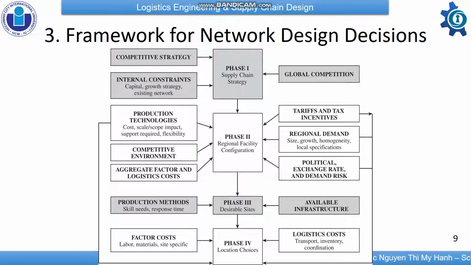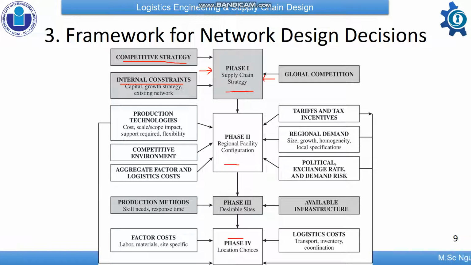And now we will see how we can develop a framework for network design decisions. Here is a figure that shows the general picture of the framework. Here we can see we have four main phases, and based on what kind of factors, what kind of strategy, they will develop each phase.